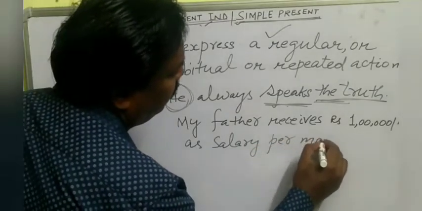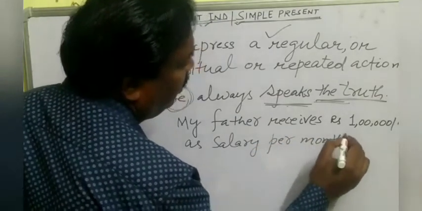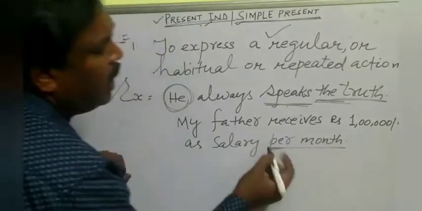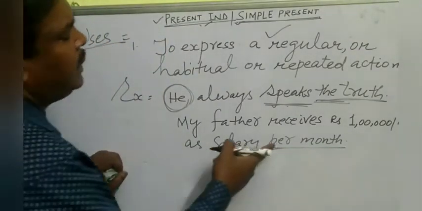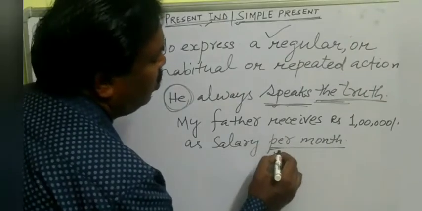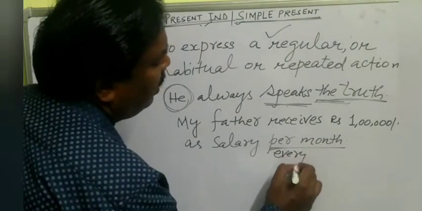Per month means every month. Instead of per month, you can say every month.